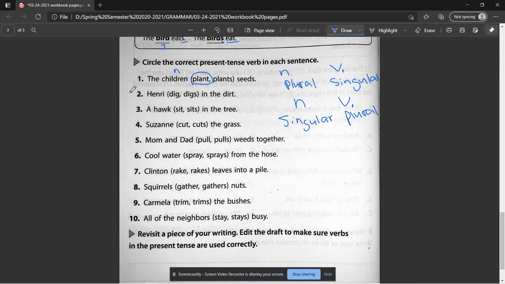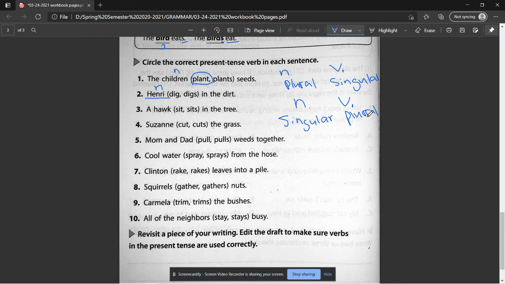Henry blank in the dirt. So I have dig and digs. Okay, so I have to look at my noun. It's a proper noun. Henry, that's someone's name. So Henry, it's only one person. If my noun is singular, it's only one person, then my verb needs to be plural.